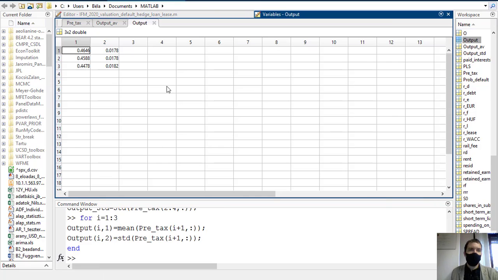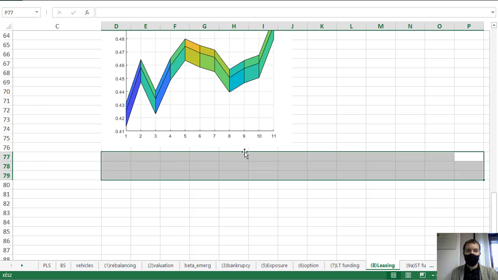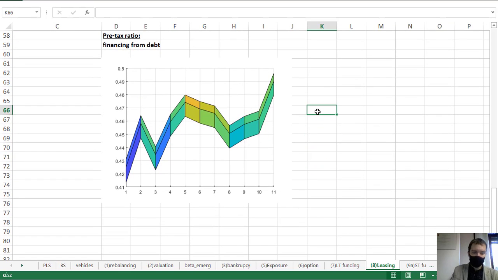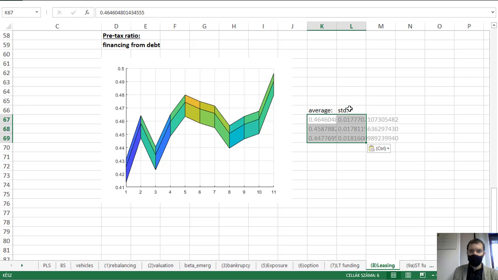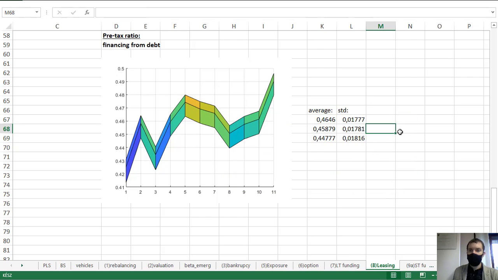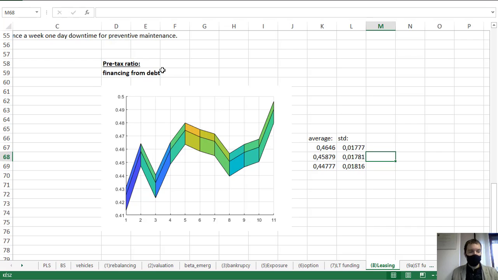Okay, so we can see the standard deviation without doing anything fancy.